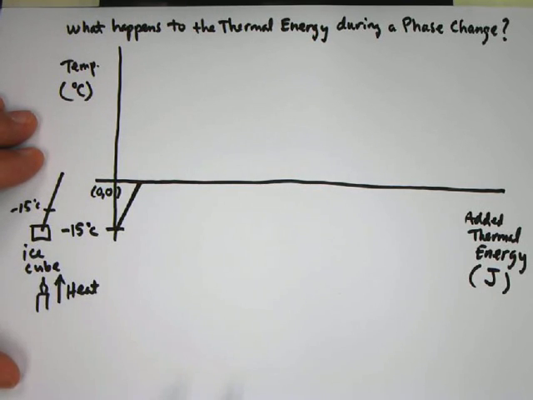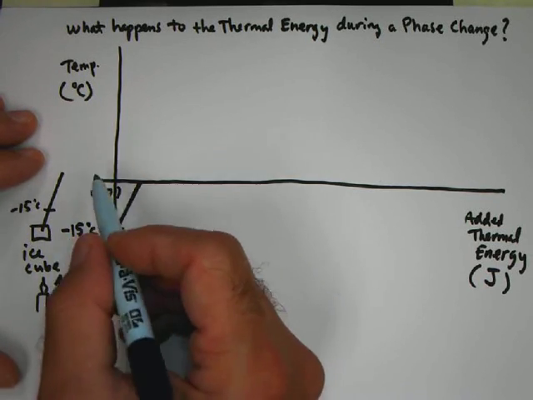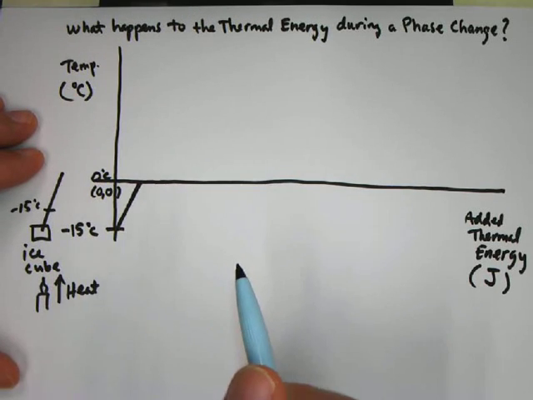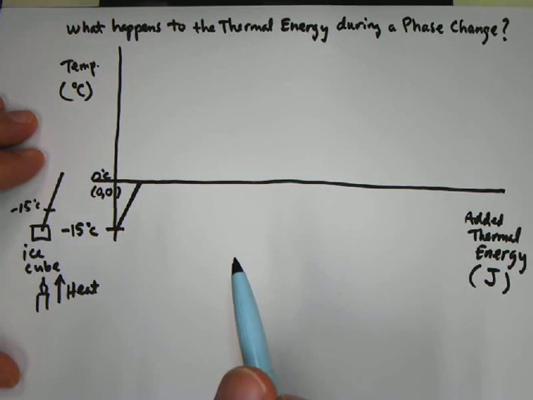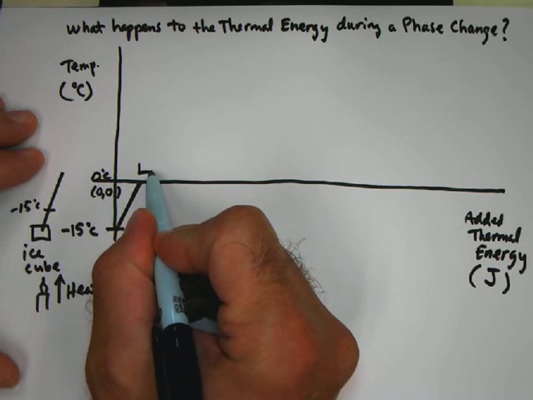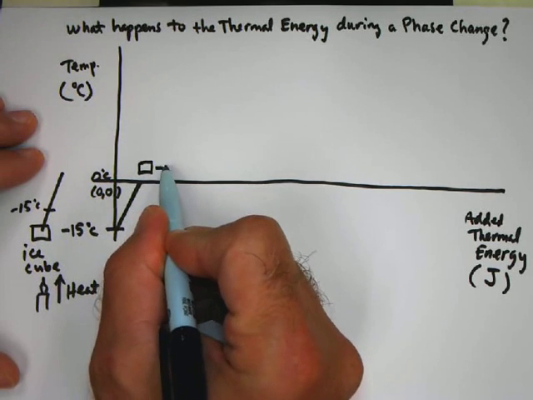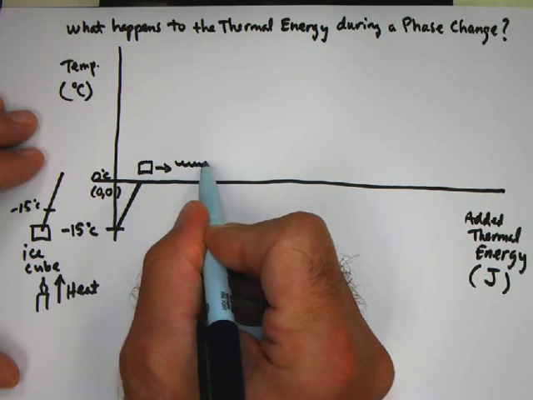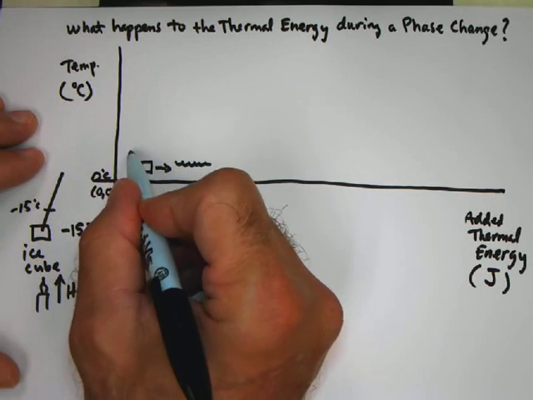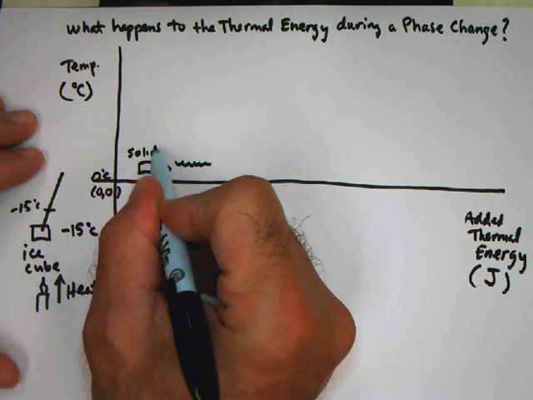What happens when it reaches 0 degrees Celsius? Well, you know what happens to ice, right? The ice melts into liquid water. So it goes from the solid phase to the liquid phase at 0 degrees.